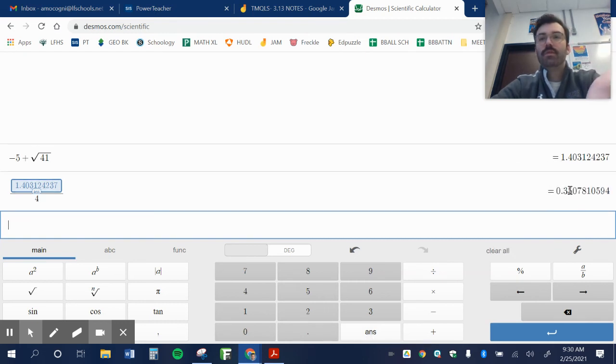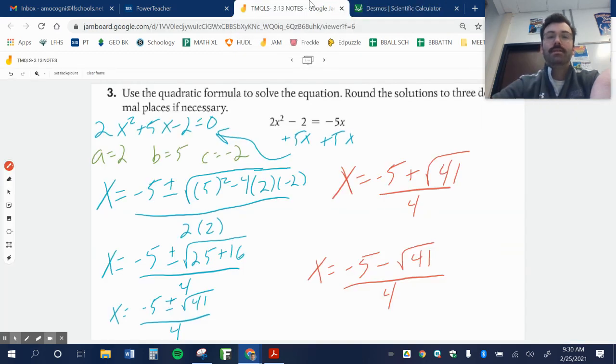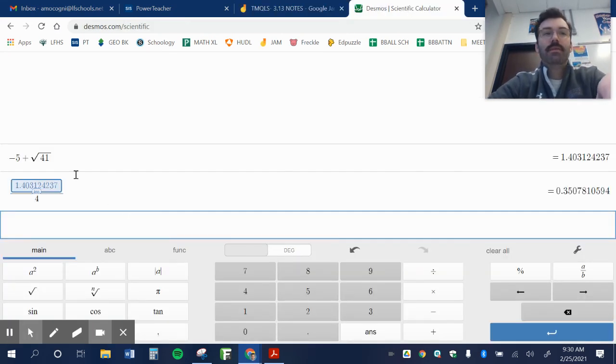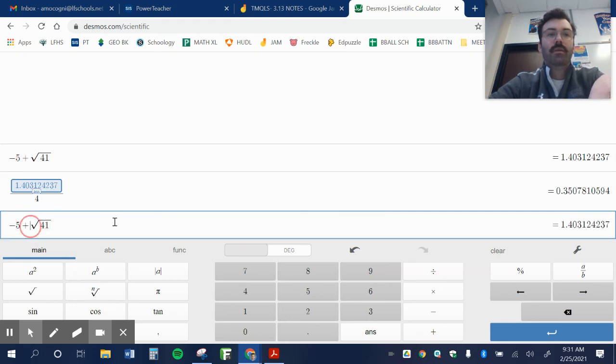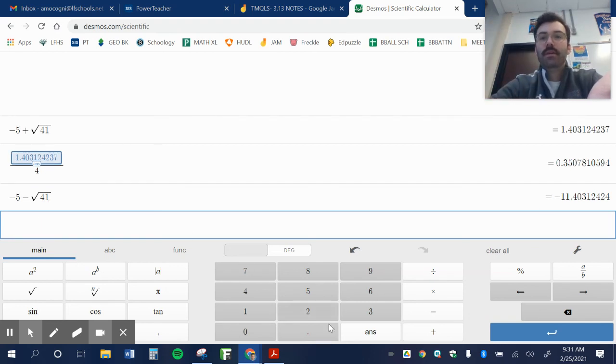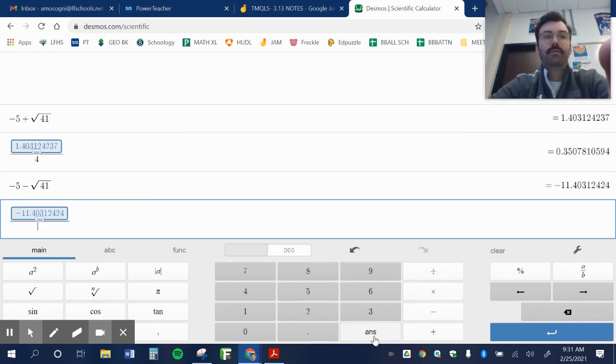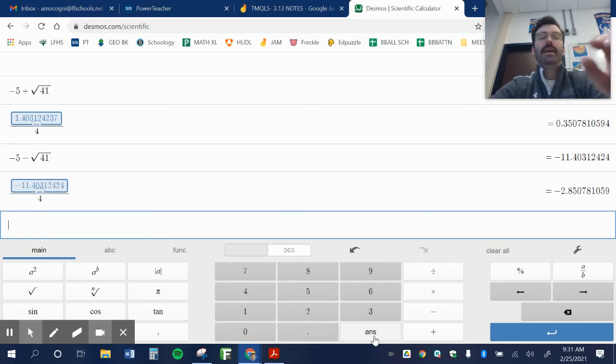There's my first one. It's at 3 decimal places, so that's 0.351. Now make this a minus root 41. There is an answer button to do that.